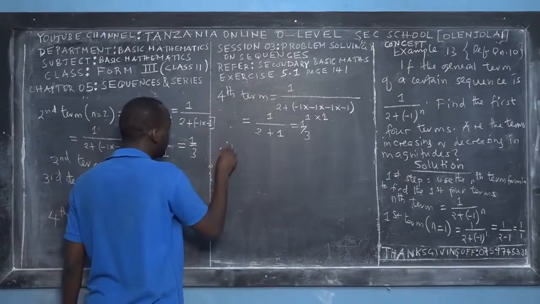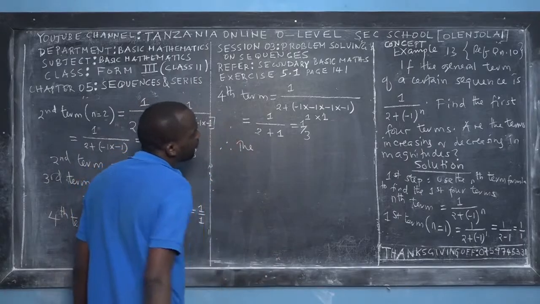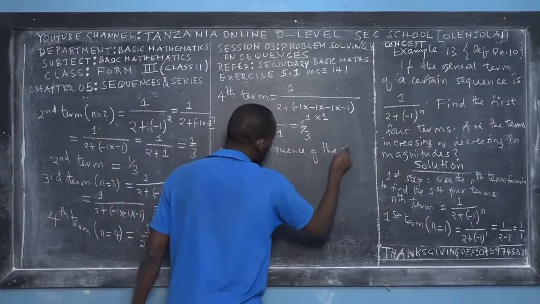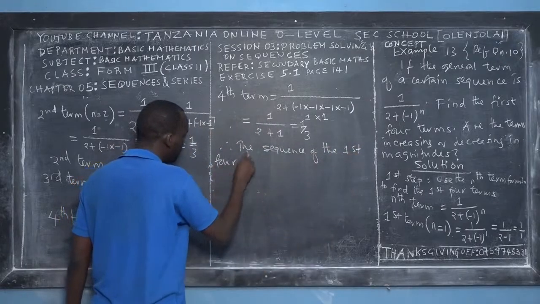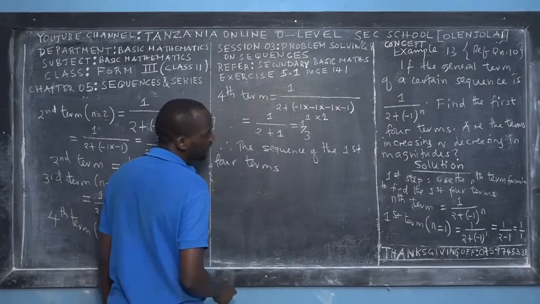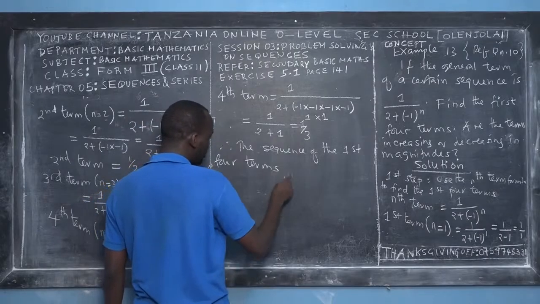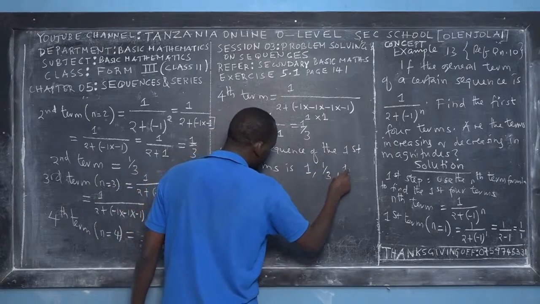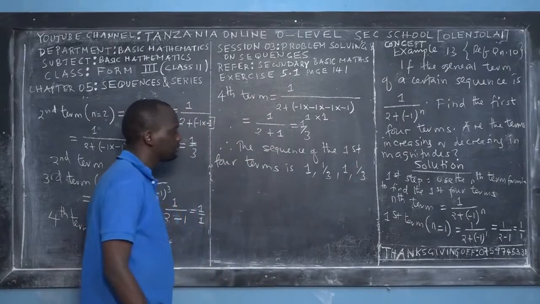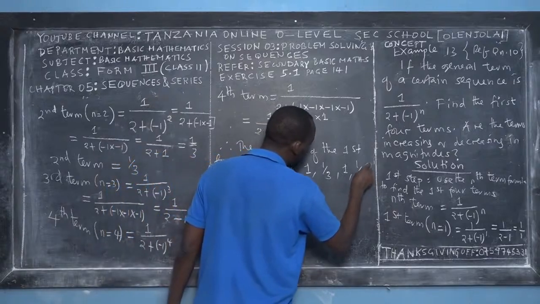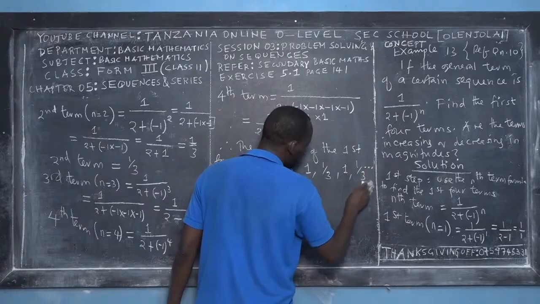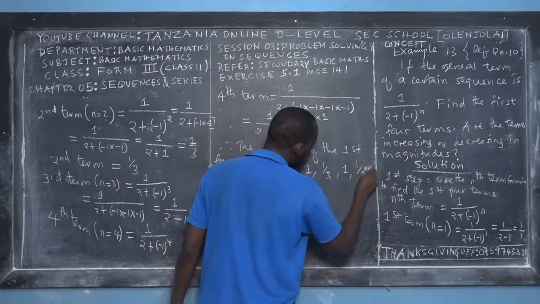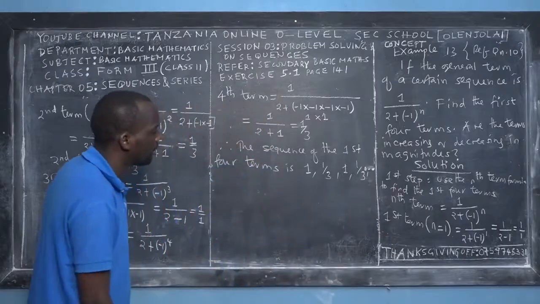Right? So because the question asks you to find the first 4 terms, the sequence of the first 4 terms, and you have to learn to be accurate in writing the terms, is 1, which is the first term, 1/3, which is the second term, 1, which is the third term, 1/3, which is the fourth term. Because it continues up to the nth term, you put a comma and then 3 dots, and these dots mean that this is an infinite sequence.